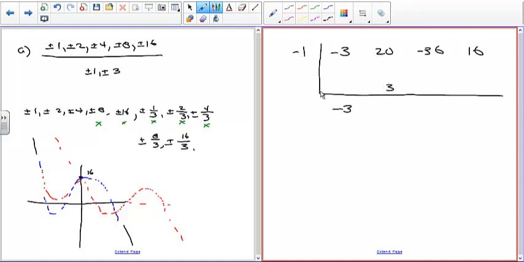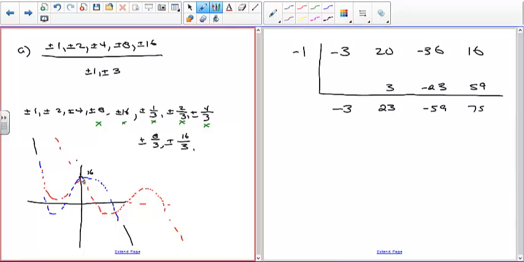Okay, 23, -23. Add these together, you get 52, 59, -59. -1 times -59 is going to be positive 59. So that's going to be 75. So that's way up here. So this thing is taking off down there. So I think we can neglect all the negative values. I don't think those are going to work.